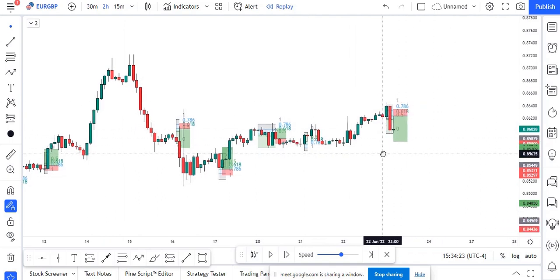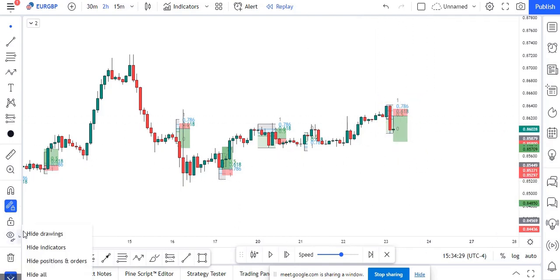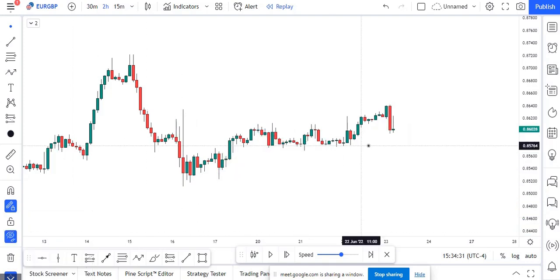Confluence number four, which I see on this specific trade, is an engulfing pattern. Look at this engulfing pattern. If you are in my channel, you probably know that I like to play with candle anatomy as well.